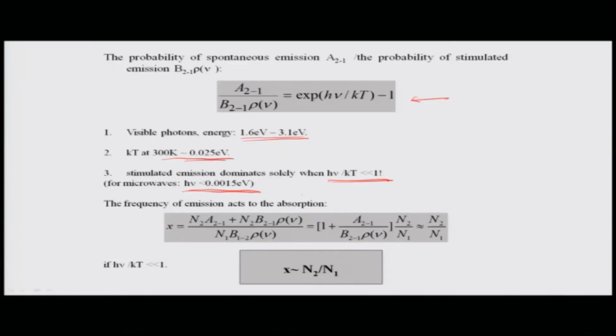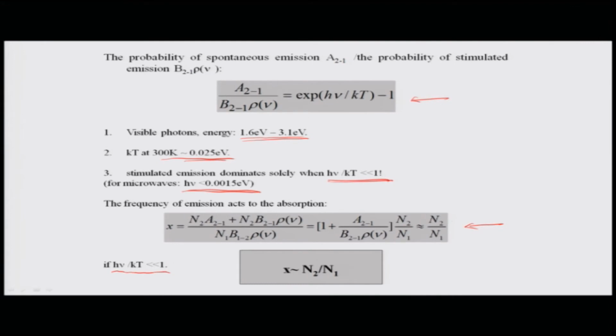Anyway, given that we have arrived at this, the ratio of the frequency of emission to absorption can be related to n2 over n1, if h nu over k T is much less than 1.